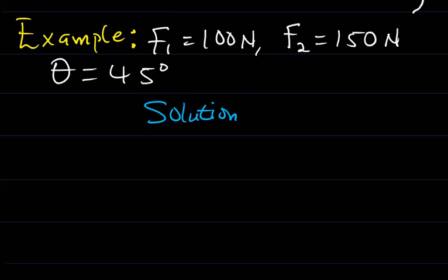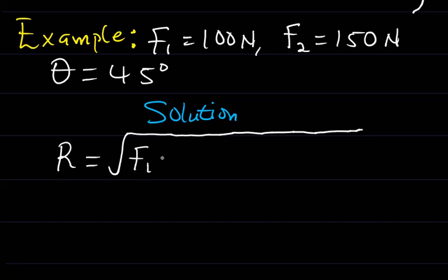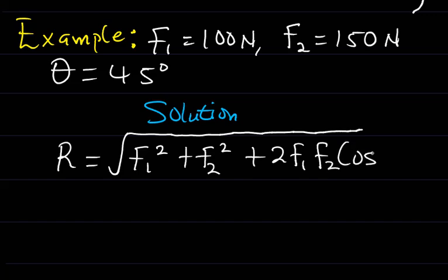So first of all, let's solve for the magnitude. The magnitude of the resultant, applying cosine rule, we know already is the square root of F1 squared plus F2 squared, plus 2 F1 F2 cos theta.